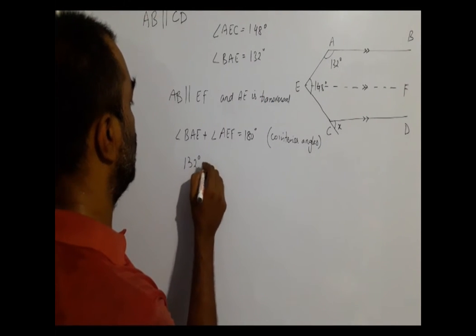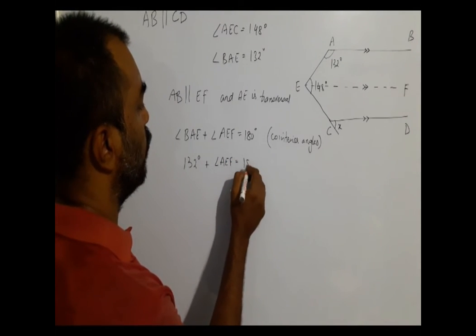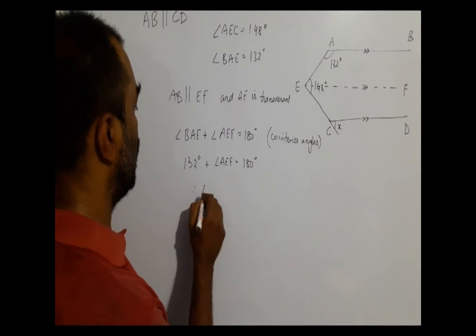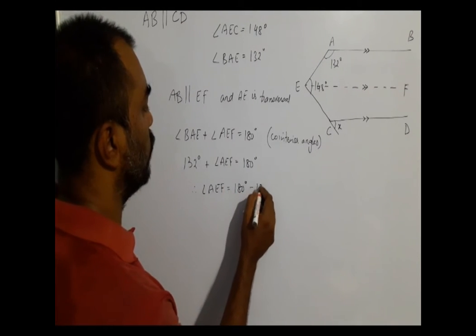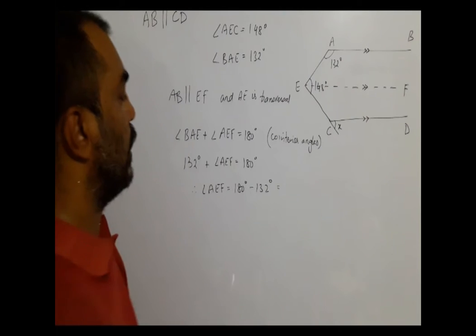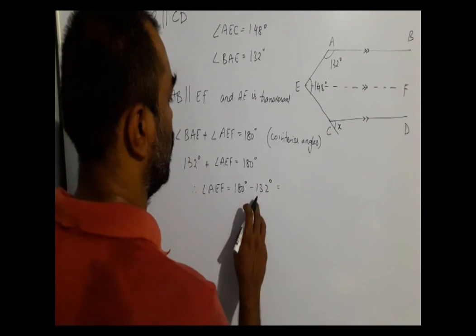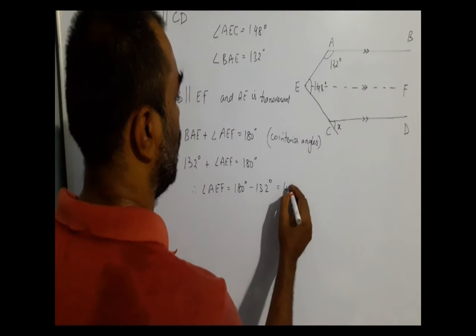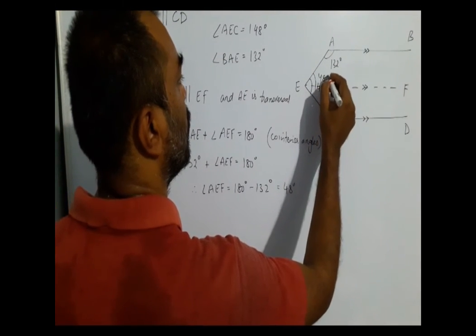So 132 degree plus angle AEF equal to 180 degree. Therefore angle AEF equal to 180 degree minus 132 degree. How much is that? It gives us 48 degree.